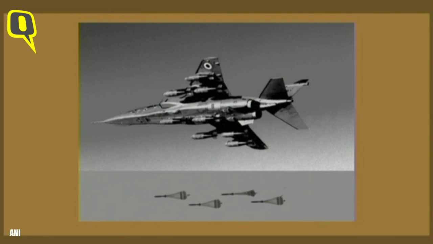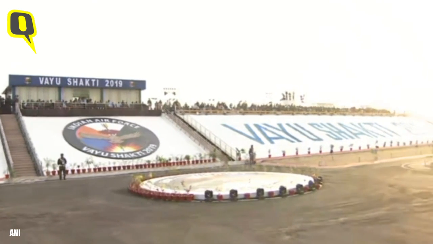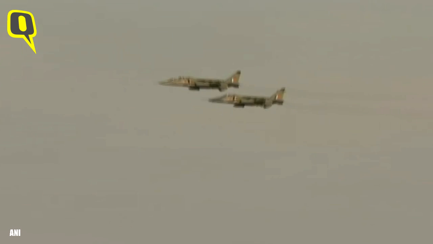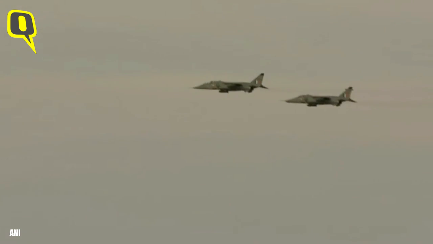RTU stands for Retarder Tail Unit. It is a parachute-like structure fitted at the rear of the bomb, which delays the weapon's fall. Look out for the Jaguars approaching from your right, flying low to avoid enemy's radar. Bombs gone.